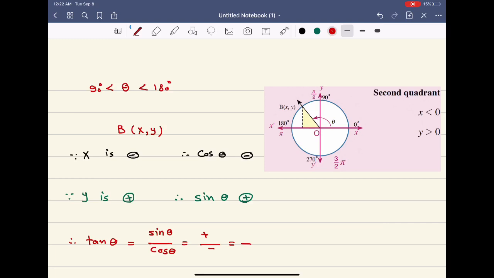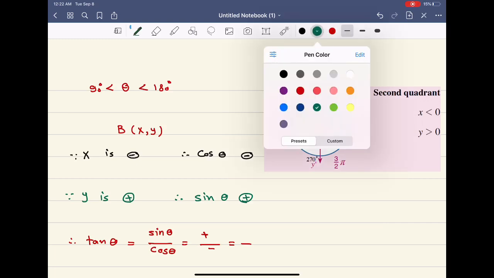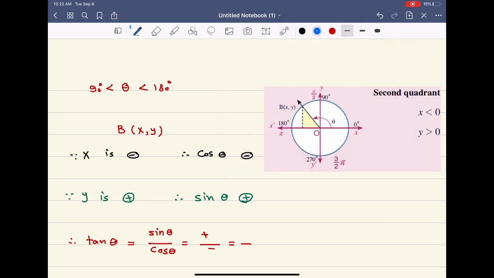Then in the second quadrant all trigonometric functions are negative except sine and its reciprocal cosec, which are positive in the second quadrant.